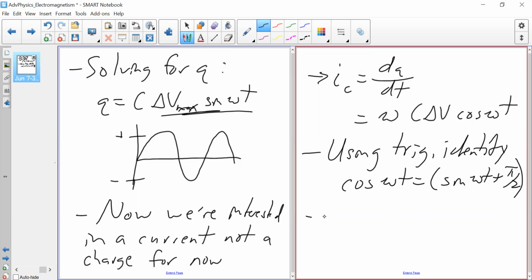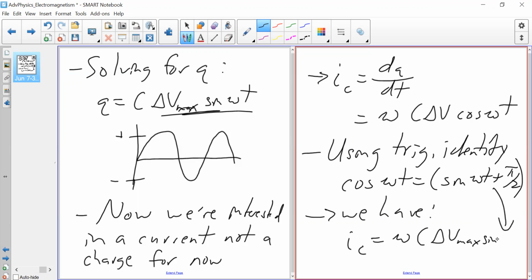So using this trig identity, we have, if you will, current across the capacitor, but it's the discharge of current, of discharging charge as a function of time, so dq dt, omega C delta V max. So basically put this down here, sine omega t plus pi over 2.